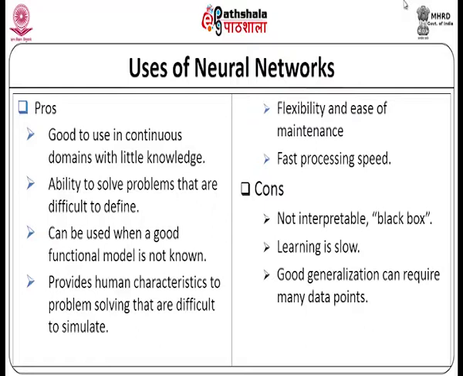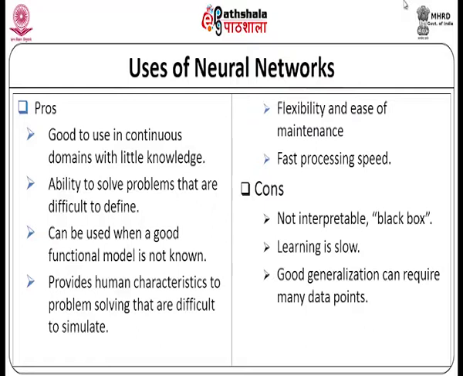It provides human characteristics to problem solving that are difficult to simulate. It is flexible and easy to maintain, and it has fast processing speed because of parallelism, not fast training, but fast processing speed.